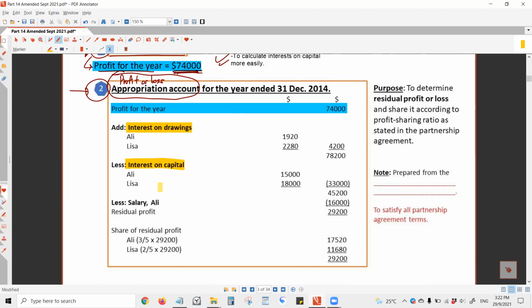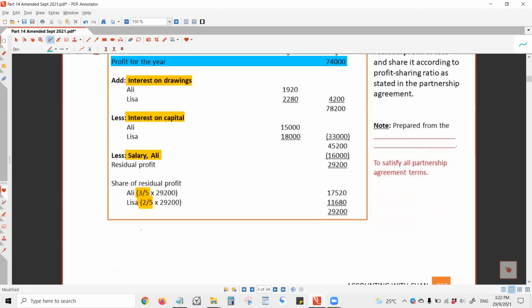You have interest on capital. Ali is a partner here, for your info. Salary to partner. And this is the profit sharing ratio. You can see the fractions there, 3/5 and 2/5. This tells how they share the profit.